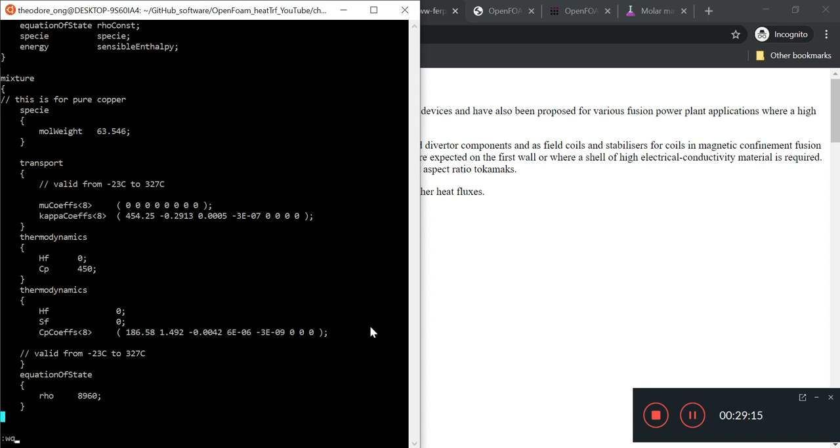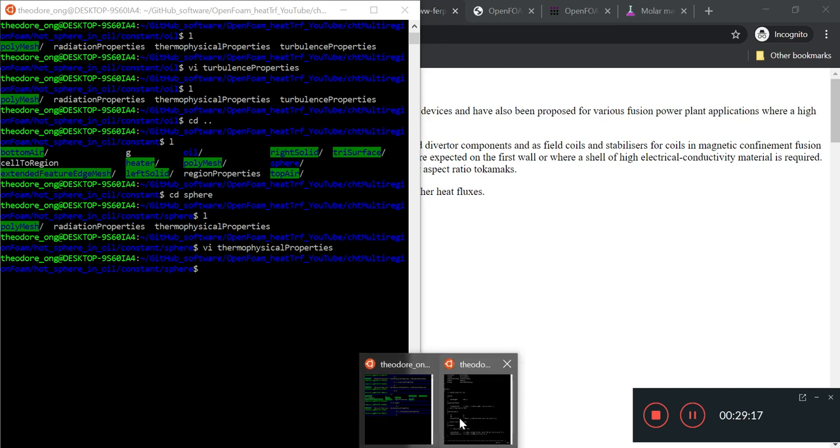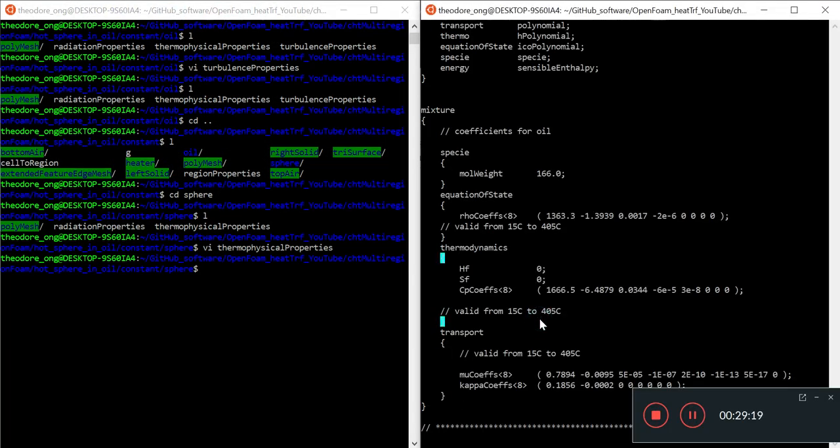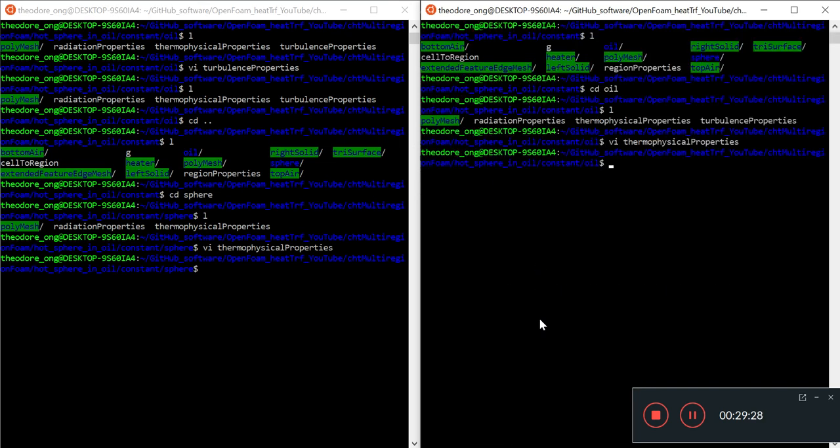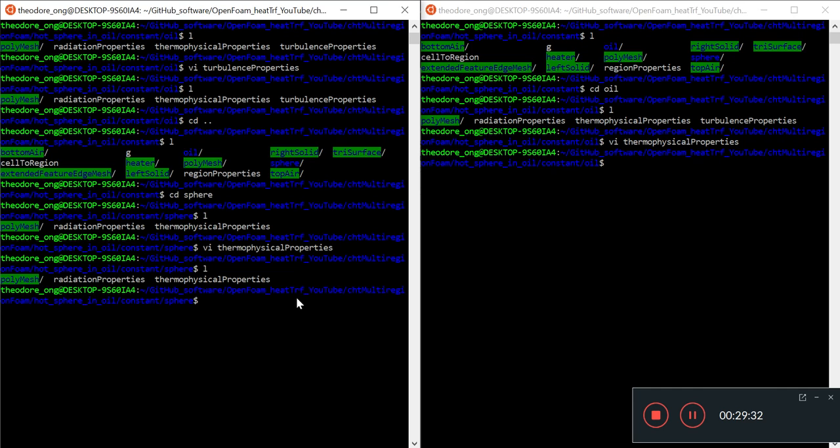Okay, so it's a copper sphere, a very convenient metal to work with, and this specifically is for Dowtherm A. So let's just put Dowtherm A, which is a heat transfer fluid. Okay. So that's the thermophysical property for the sphere, and the thermophysical property for the oil.